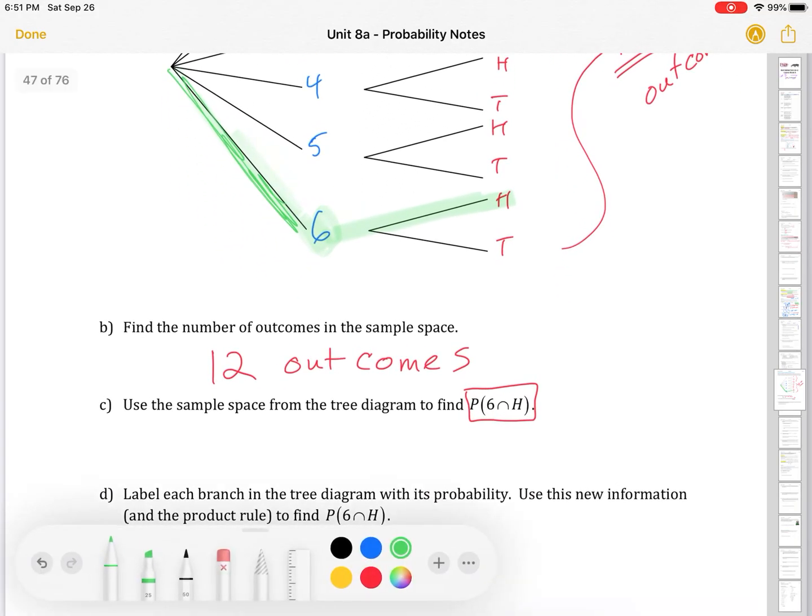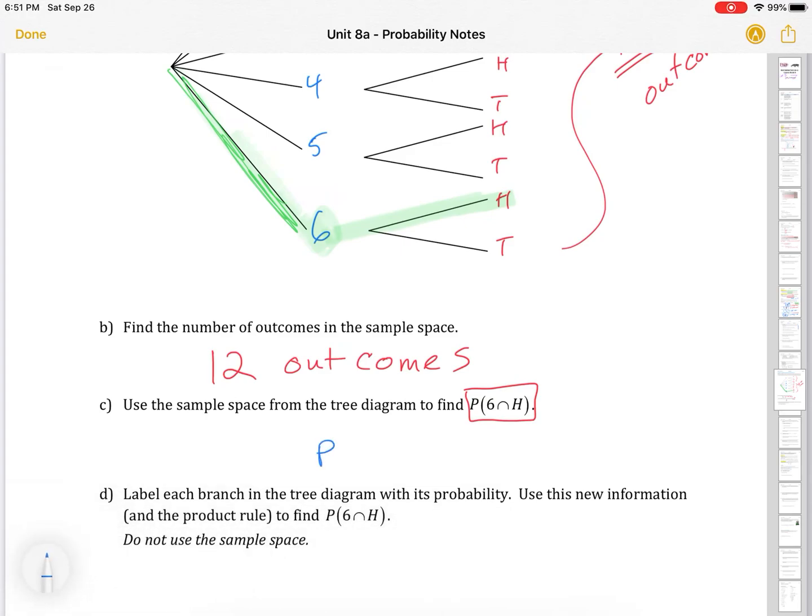So we roll a 6. I really want the highlighter, not the marker. And then we get the heads. Okay, so there is only one option that fulfills that requirement. So the P of 6 and heads equals 1/12.